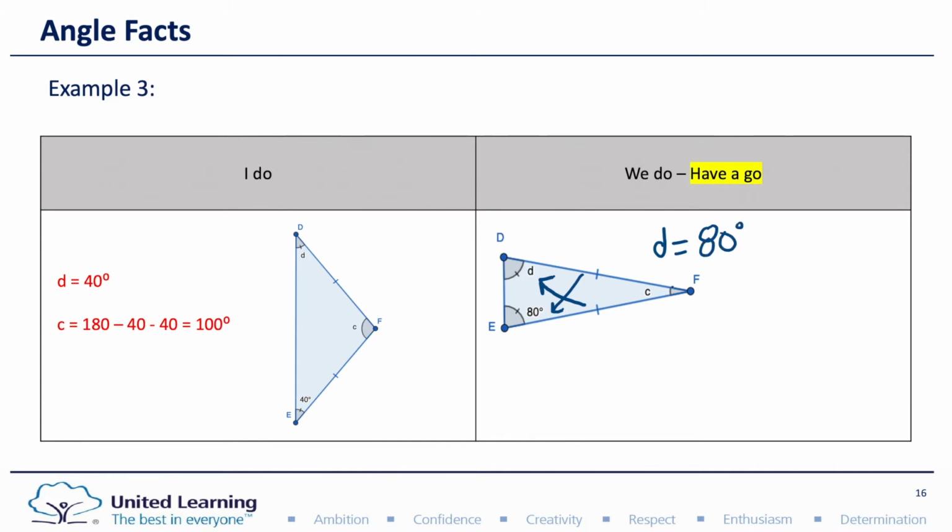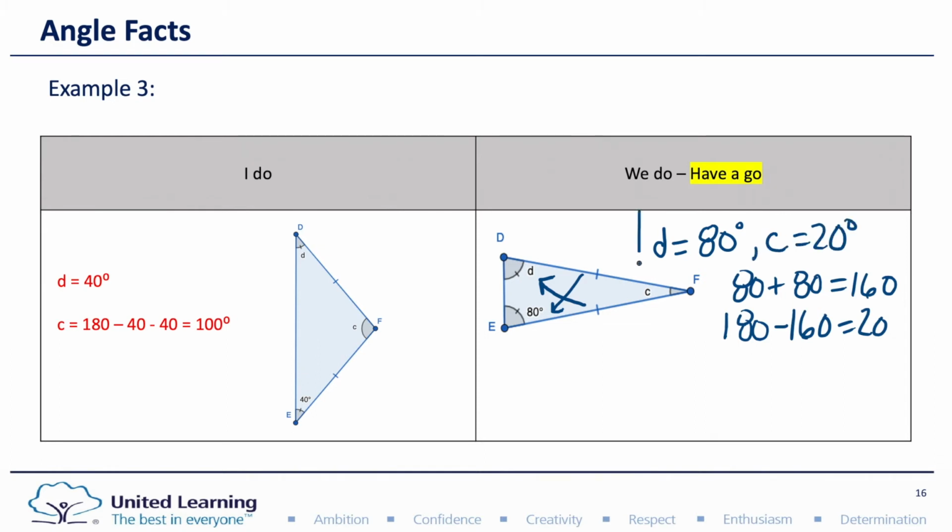If we have two 80 degrees, that means we have 160 degrees so far in total. We know to find C, we can take that 160 away from 180 to get a remaining value of 20, which means that C equals 20 degrees. If that's what you got, give yourself a big red tick, big red smiley face.